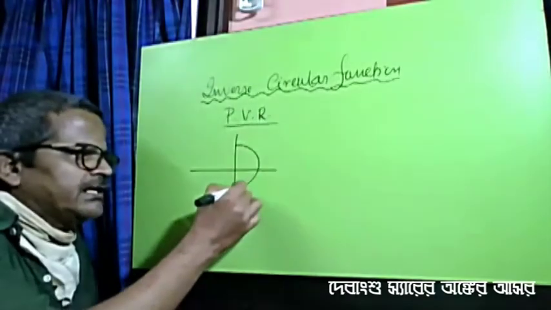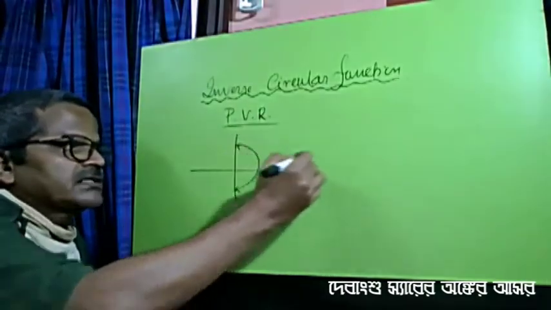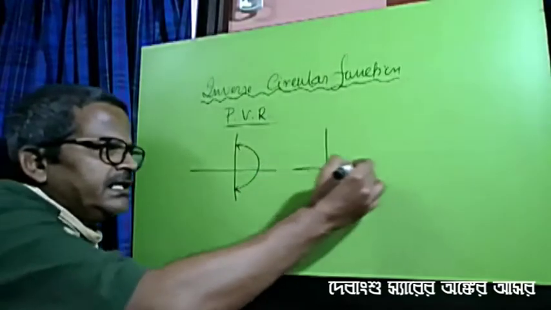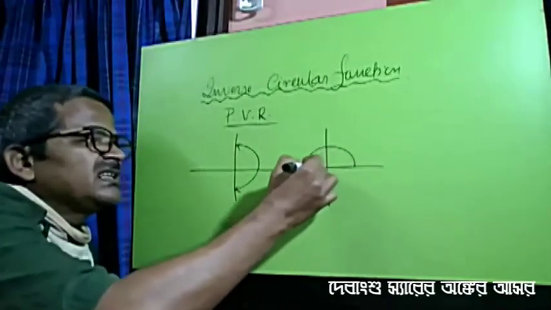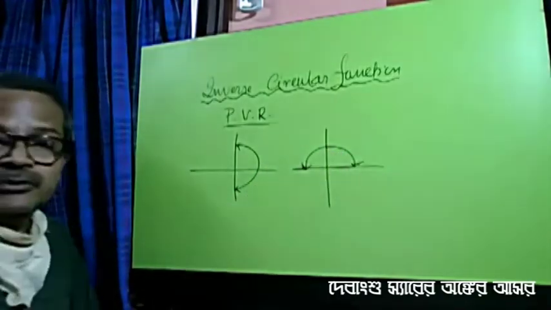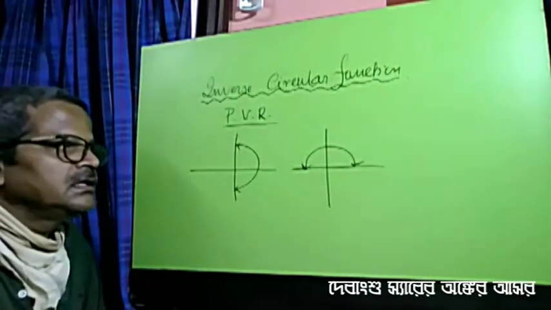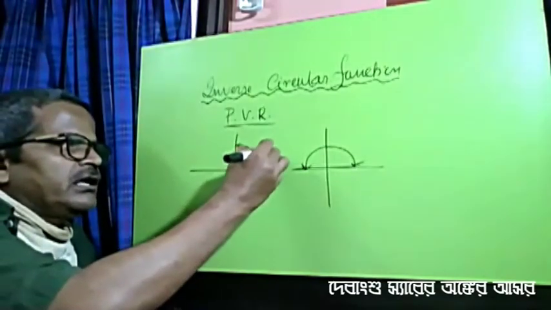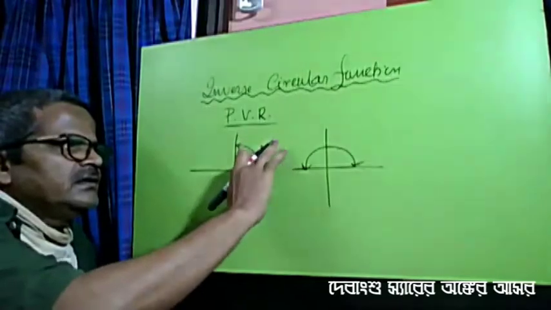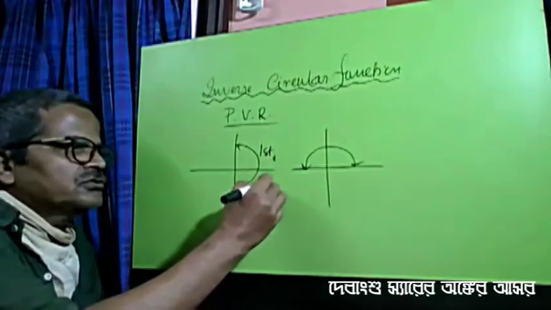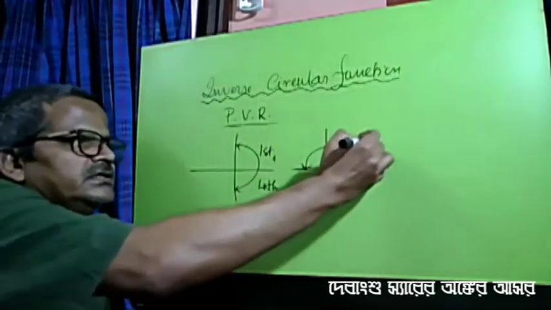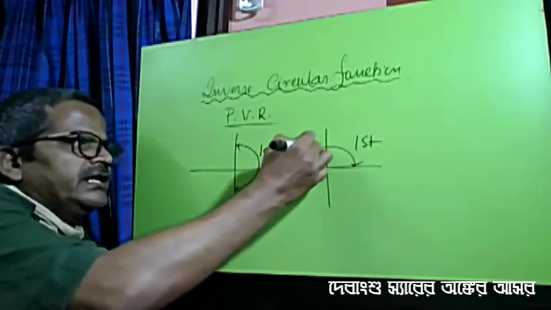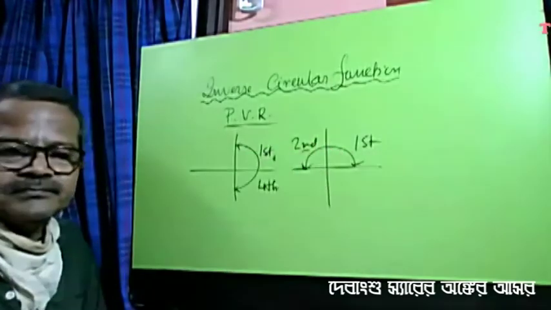Now you remember these two diagrams. First this and second this. Very important. This means first quadrant and fourth quadrant. It is first quadrant and second quadrant.